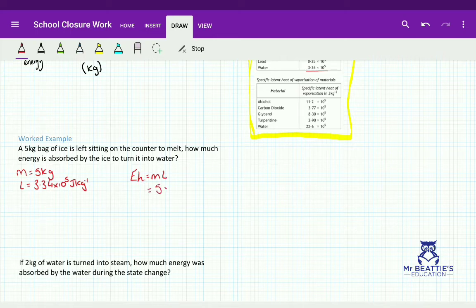Mass is 5, substituting in our numbers. L is 3.34, I've always got pi on my brain, times 10 to the 5. We put that into our calculator.